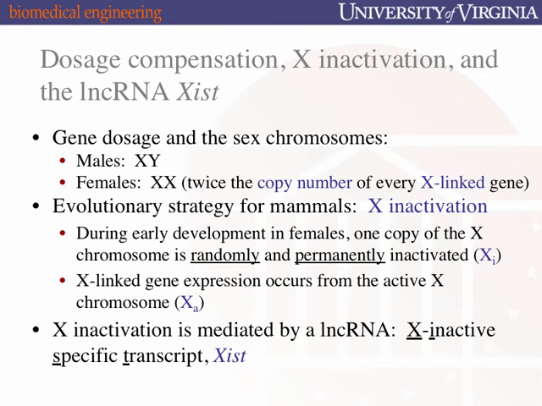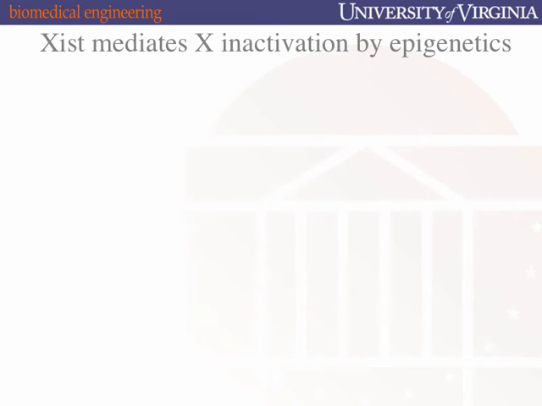And the mechanism of X inactivation depends critically on this long non-coding RNA, Xist, which stands for X inactive specific transcript. And Xist is a really remarkable lncRNA. I have some things to say about it.